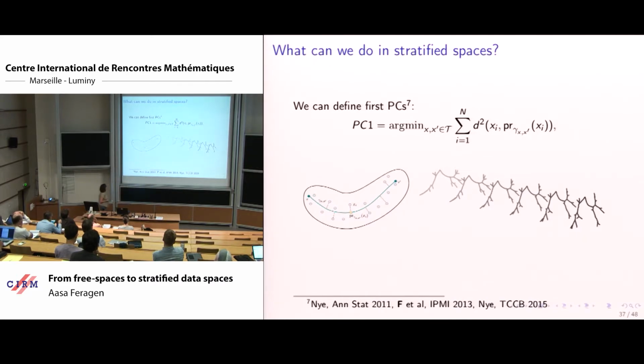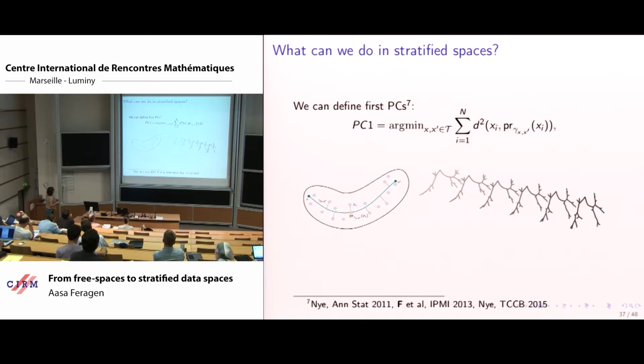You can also define first principal components. And now this starts to be a little bit more tricky, because in the manifold you would typically say, I'm going to start in this point, and I'm going to look at all the geodesics going through it, and then I'm going to have some loss function that tells me which one I prefer. One loss function would be the squared error that you make by using this to approximate your data.